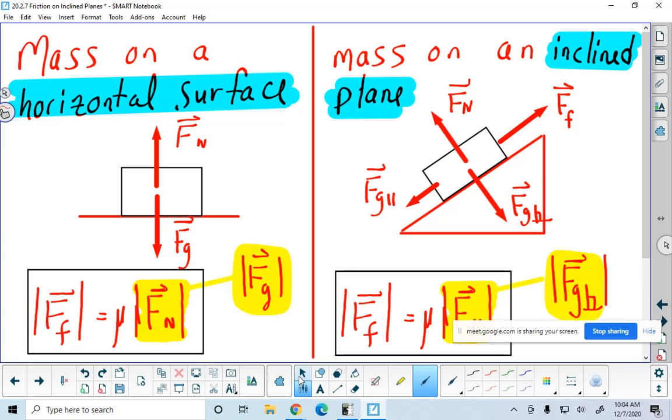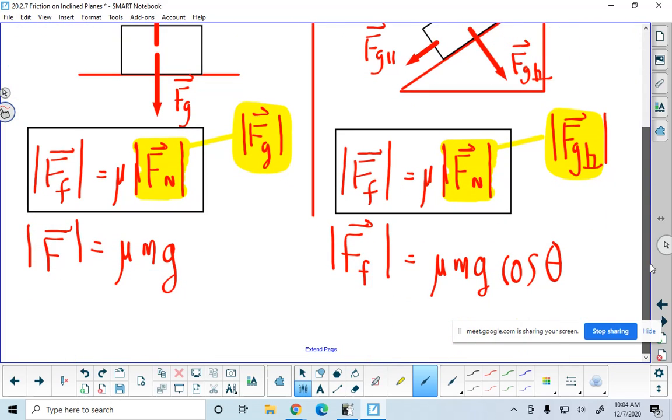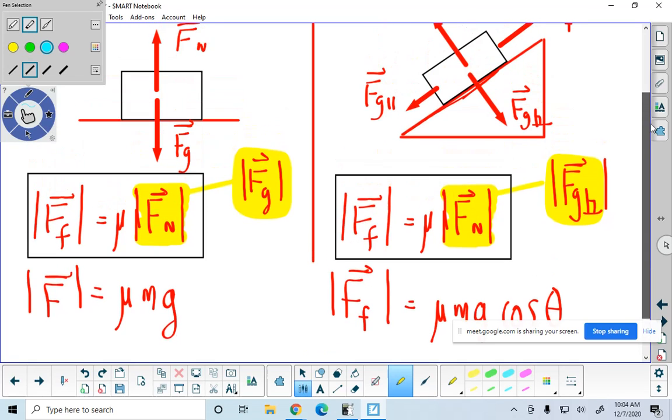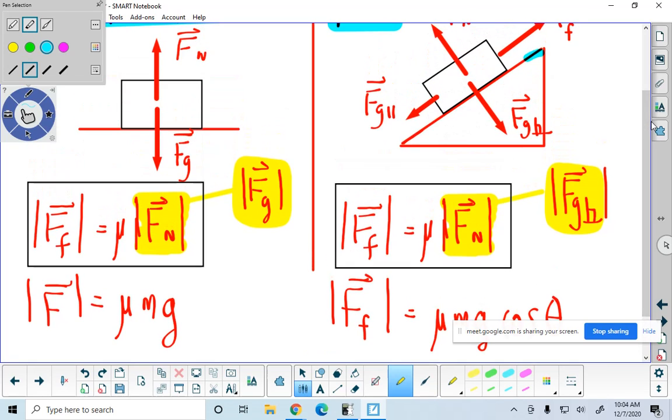But I want to get back to an interesting point here that's going to be very helpful for some of you. When you think of the surface of this ramp, which is right here, the angle is theta.